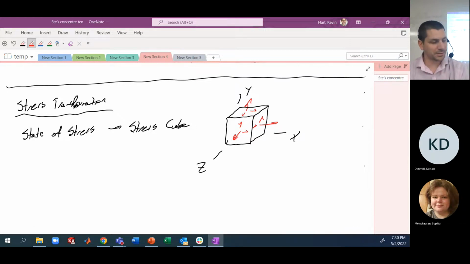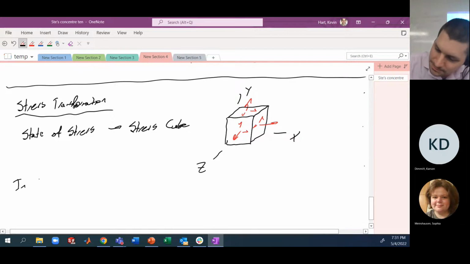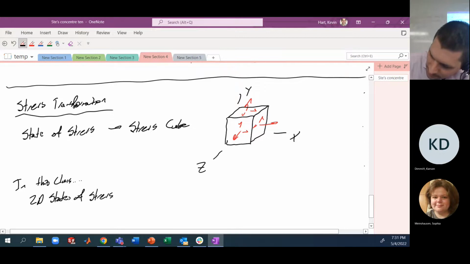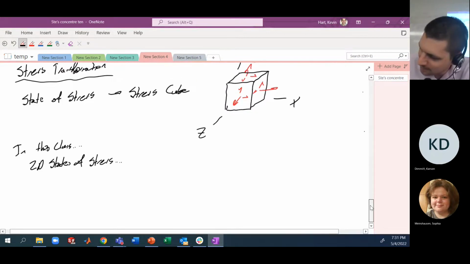So in this class, when it comes to stress transformation and principal stresses, we're assuming that our stress cube has one face with no stress, okay? It's de-stressed, right? So in this class, 2D states of stress. That means that one face has no stress.